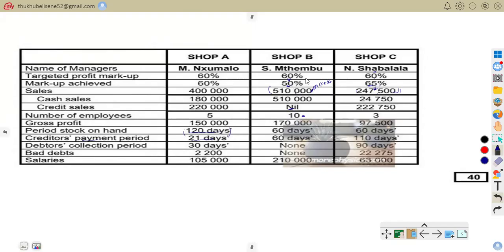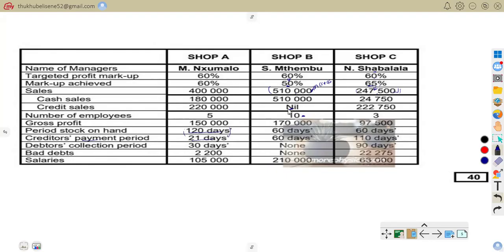You are not selling both on cash and credit. So you're only selling on cash. So you must have credit sales so that you increase your sales. You must sell on credit as well. So there are no credit sales. That is why I say it's a problem.